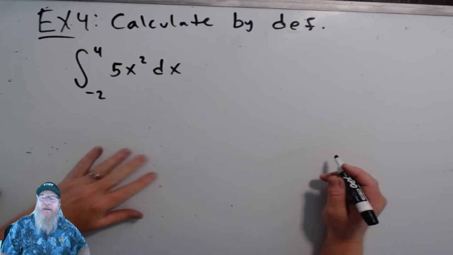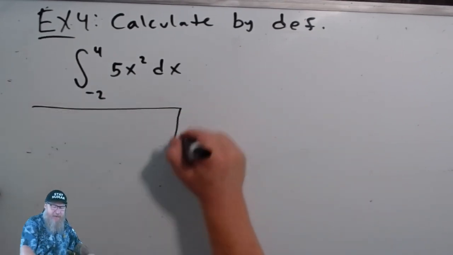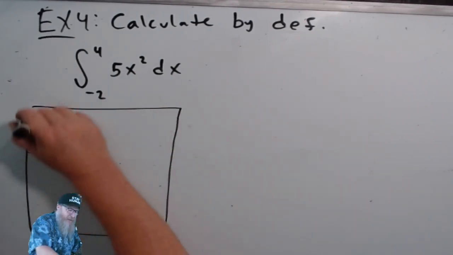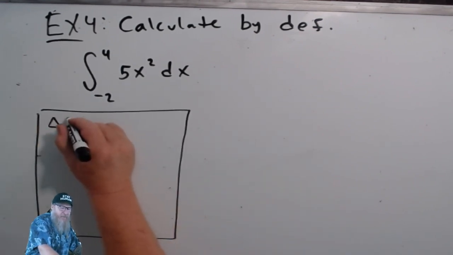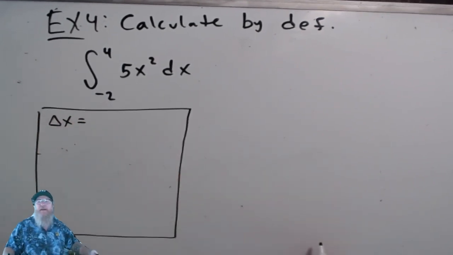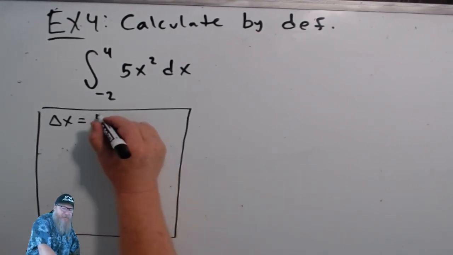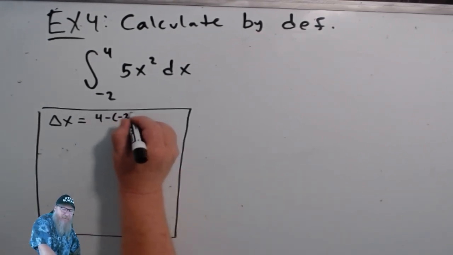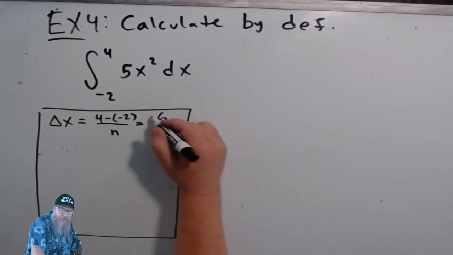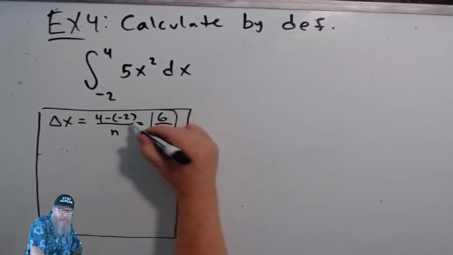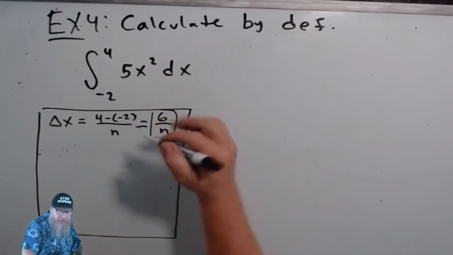All right. Let's try to save a little bit of space this time. Now that we've seen it all laid out, let's just kind of do everything over here. This will be our little bookkeeping area here. Delta x is 4 minus negative 2 over n, which is 6 over n. I don't have to show you to be careful.